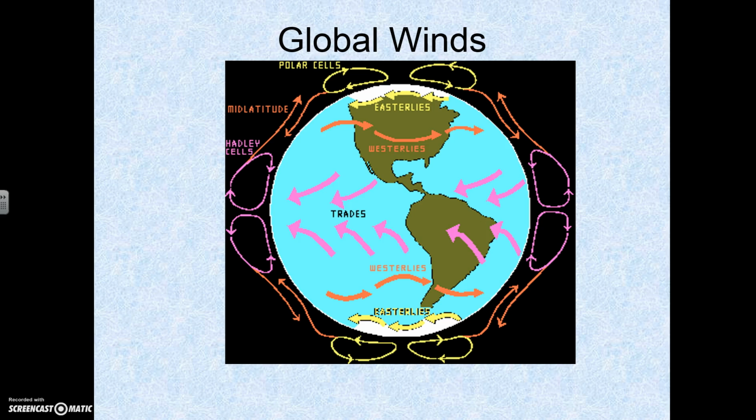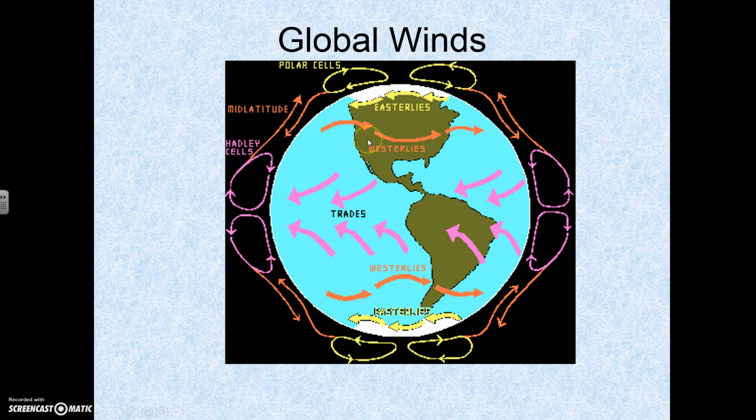Okay. All right, so here are your global winds. You might want to pause it here because you need to make sure that you have it down. Up here is the polar easterlies. So in that 60 degrees, you have a 60-degree latitude right here. Above it, you need to put polar easterlies in the direction of these arrows going to the left because they start in the east and go towards the west.